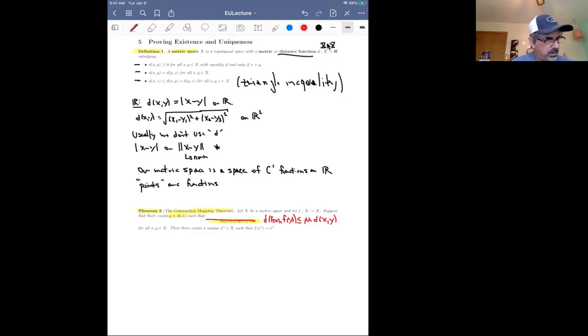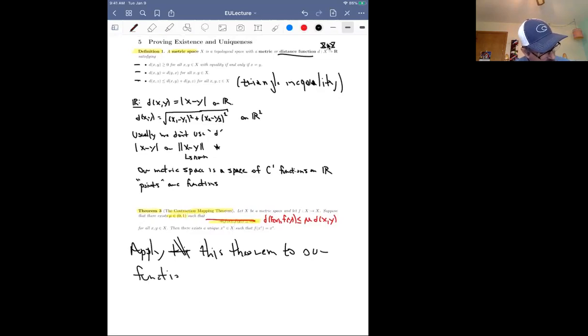And we will apply this theorem to our function space. And our function space will be the space of possible solutions to the differential equation.